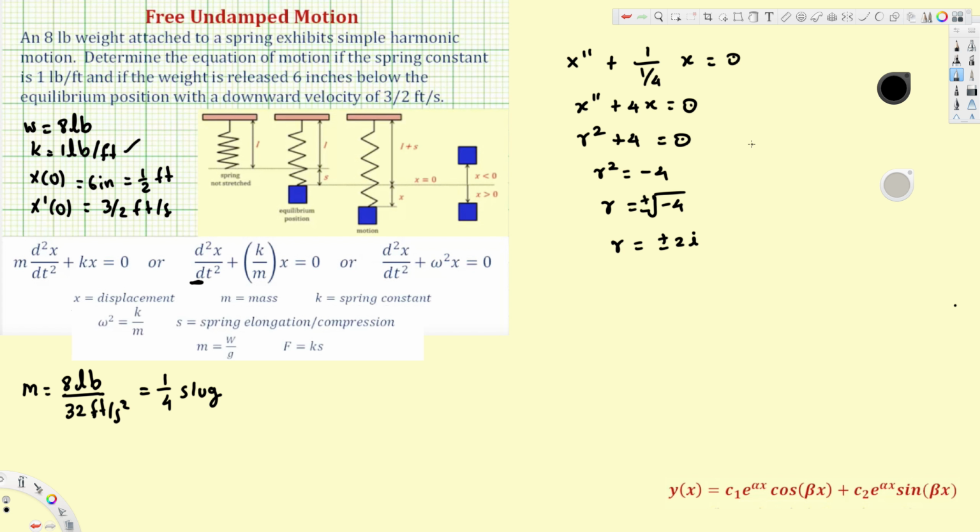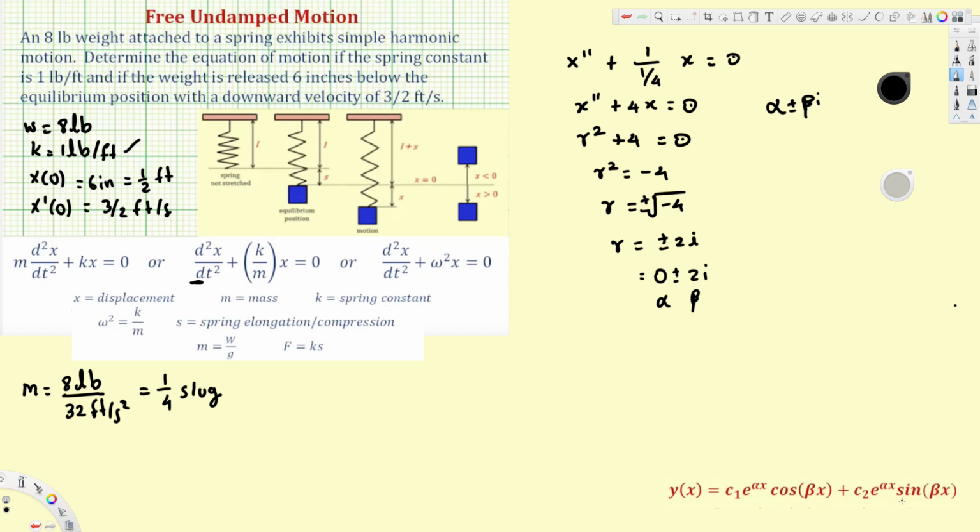Now we know that a complex number is in this pattern, alpha plus or minus beta i, and we can rewrite this one as 0 plus or minus 2i. From this we know that alpha is equal to 0 and beta is equal to 2. And when we have a complex number, our general solution for the differential equation is going to be in this pattern.